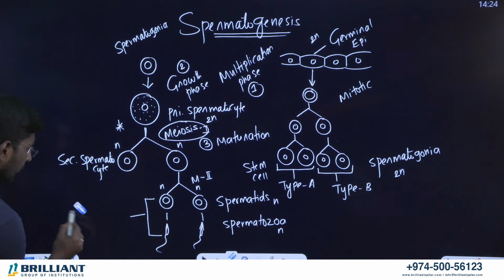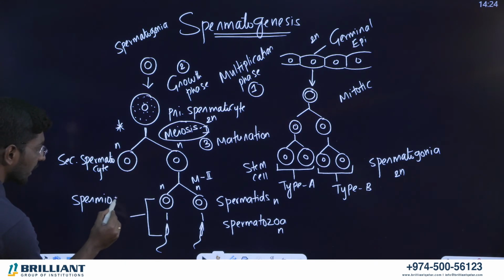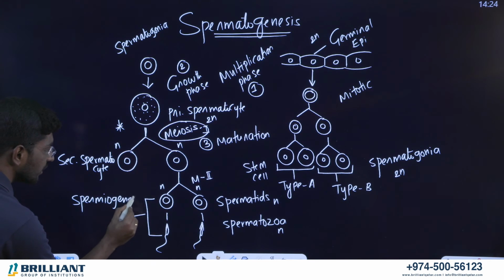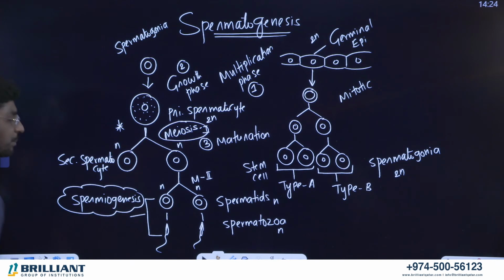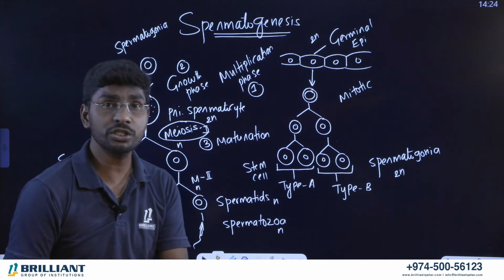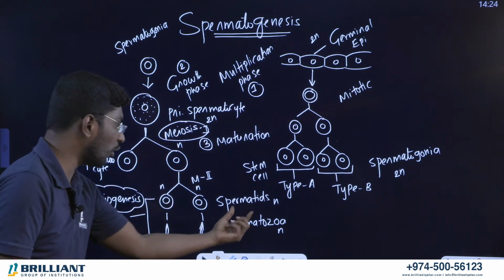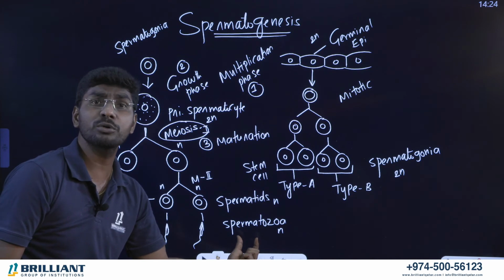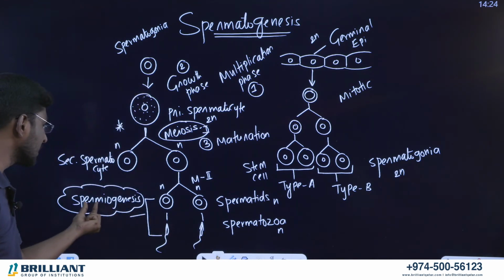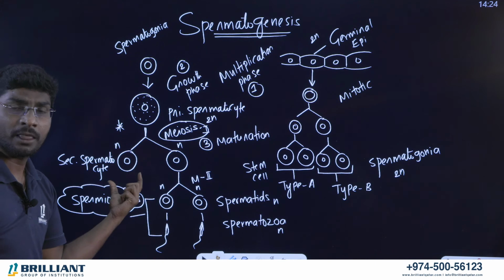This process is known as spermiogenesis. Most of the students are confused in this step. What is spermiogenesis? The transformation of these spermatids into fully functional motile spermatozoa. It is called spermiogenesis.